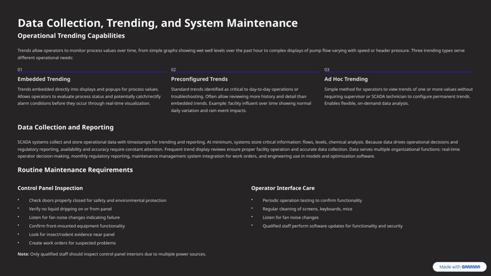Lastly, embedded trending involves simple to complex graphs that monitor process values over time, such as flow rates or water levels, tailored to different operational needs. Together, these trending capabilities empower operators to maintain optimal system performance, troubleshoot effectively, and support overall plant efficiency.